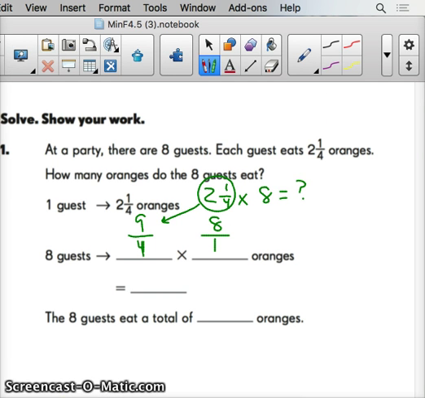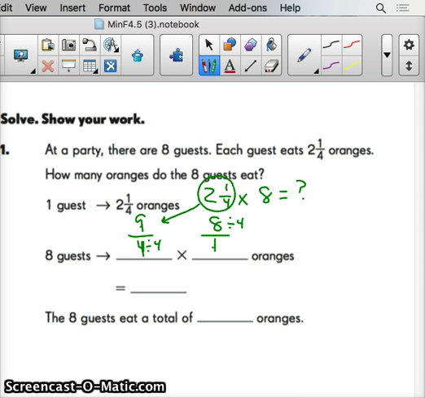So I look at the 9 and the 1 first. I can't simplify that. That is as simple as it can get. But if I look at the 4 and the 8, they both have 2 in common. That's fine. Or they both have 4 in common. So I can divide both sides by 4. And now I'm going to have a simpler fraction.